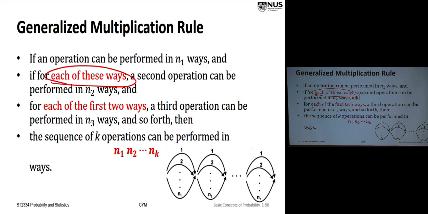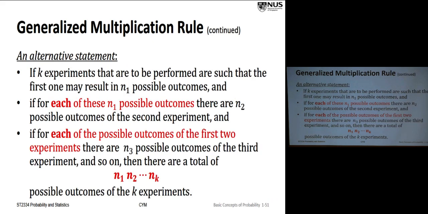There are n1 ways to do things here, and n2 ways to do things, and altogether, this particular path is one possible outcome of all these k operations. So you can look at it: this is the outcome of the experiment. Just now is the operations, how to operate it.